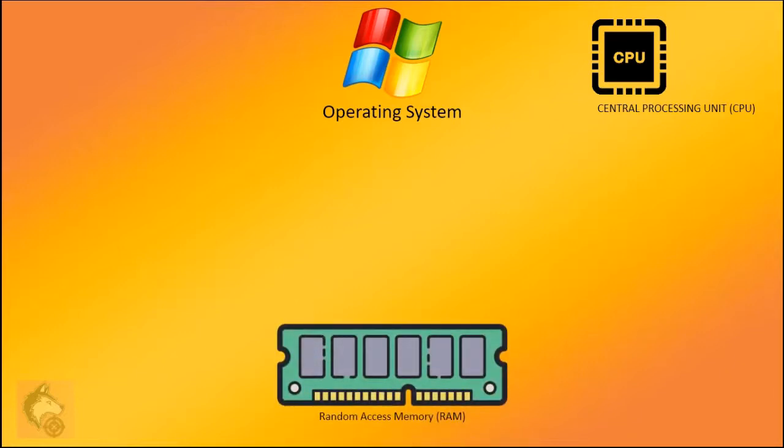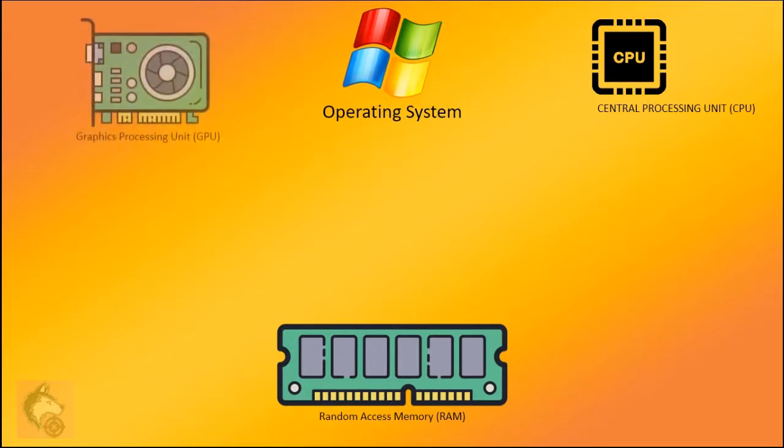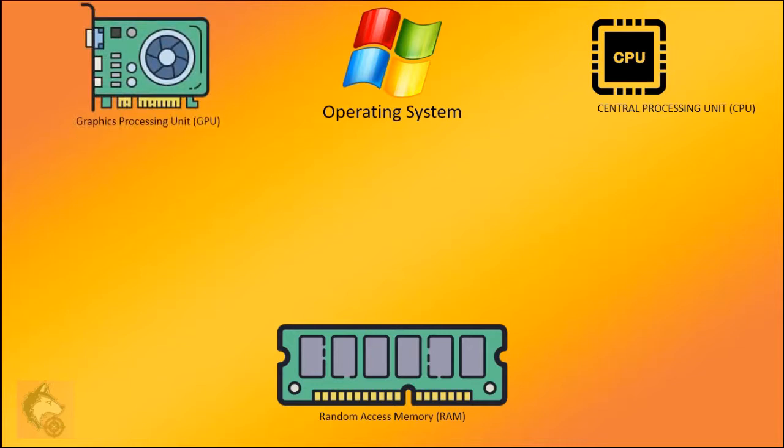You have random access memory, or RAM, where all the data that must be kept, must be preserved by each application, is saved. And you also have a graphics processing unit, or GPU for short, which is responsible for rendering 3D objects at runtime, creating effects, and everything you see on your monitor is all thanks to this hardware.